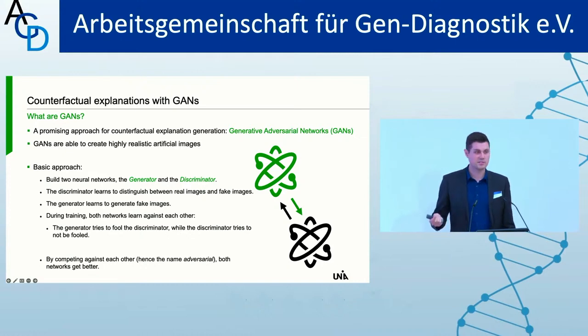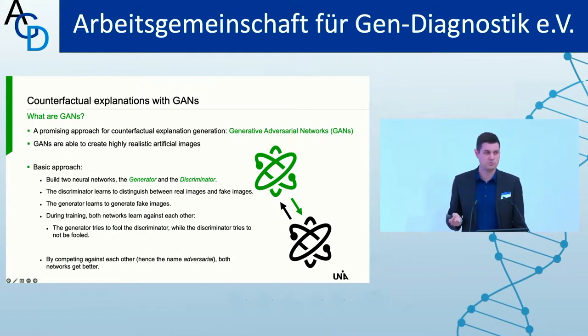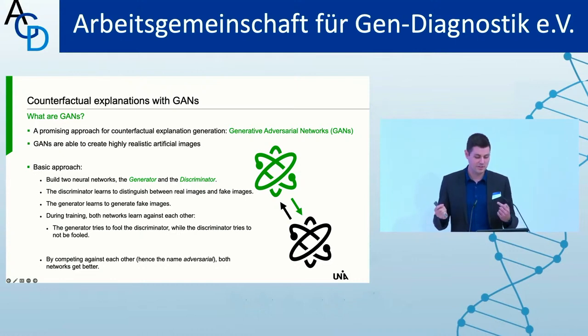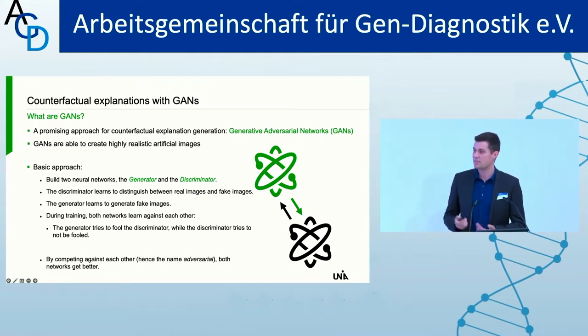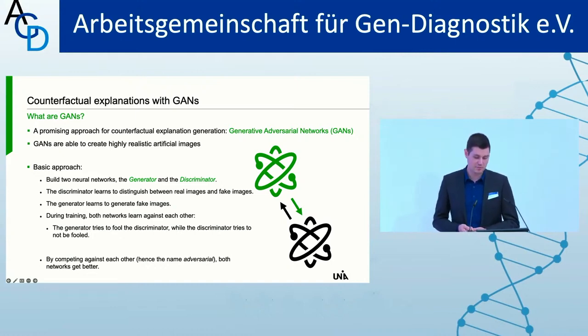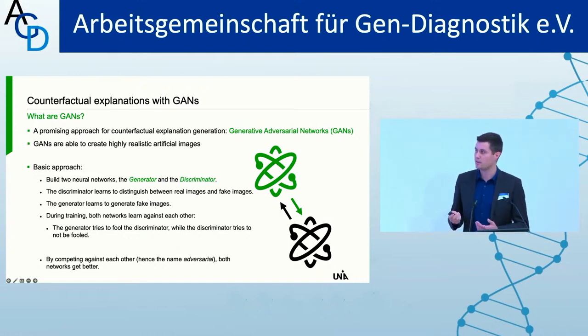And on the other side, we have a discriminator, which tries to identify whether the generated image is fake or real. So they compete against each other, and by competing they improve during the training process. The fake images look more and more realistic, and that's the basic idea behind generative adversarial networks.